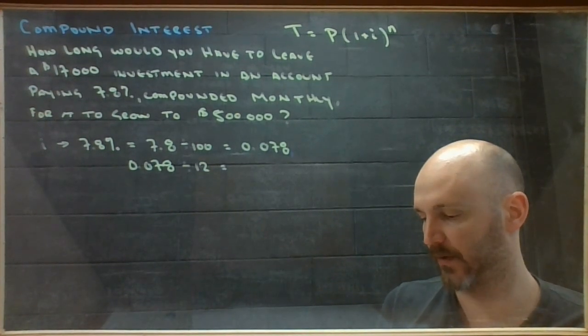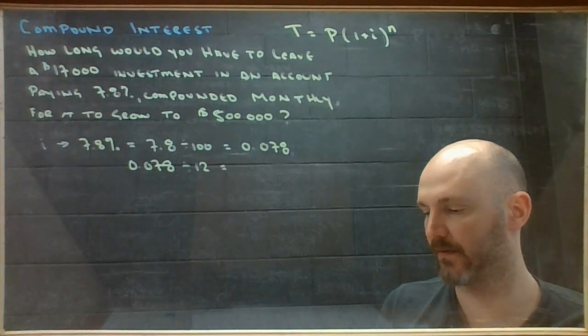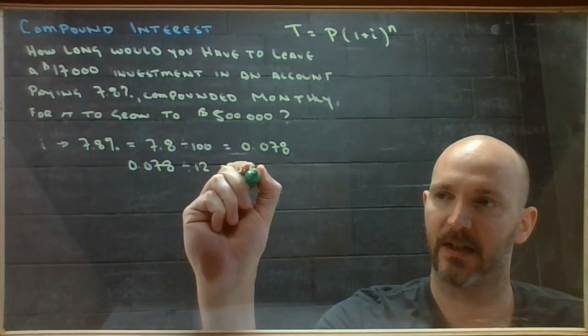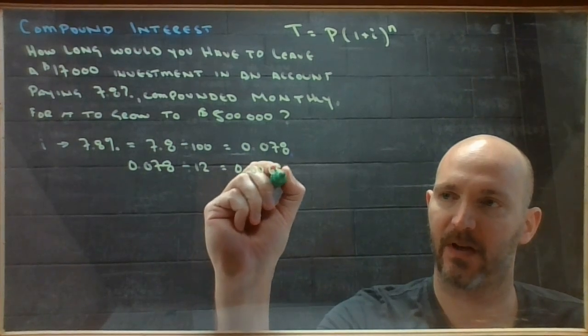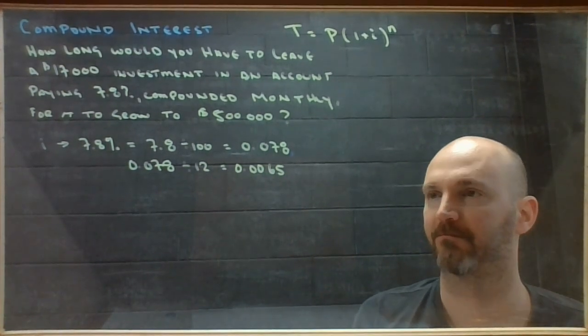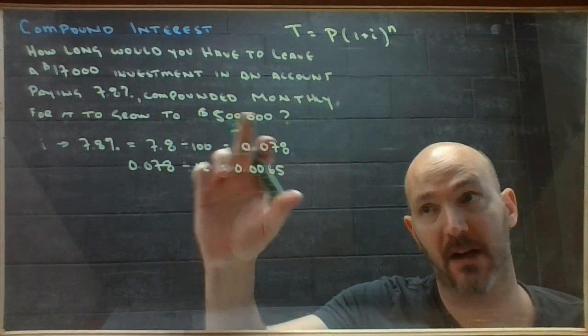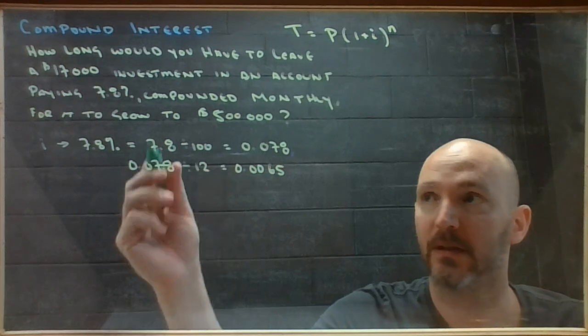So 0.078 divided by 12 gives me 0.0065. So I have that number now. It's been adjusted for my compound period. I can put it in there.